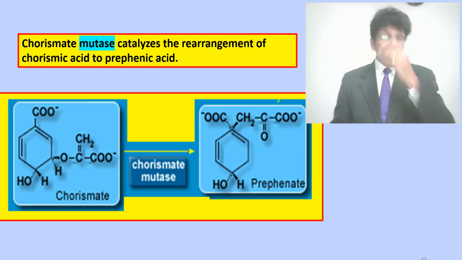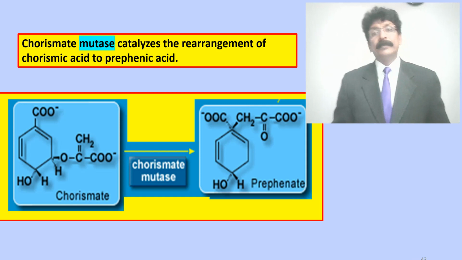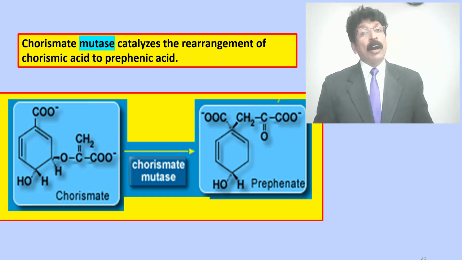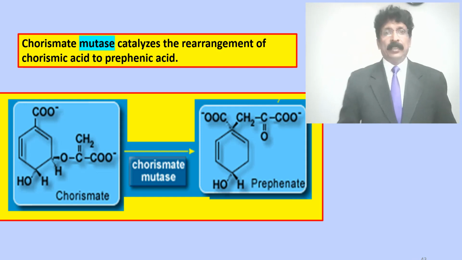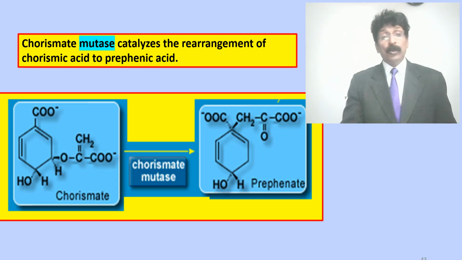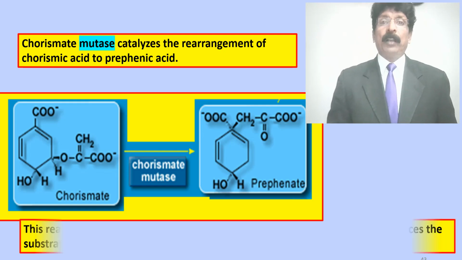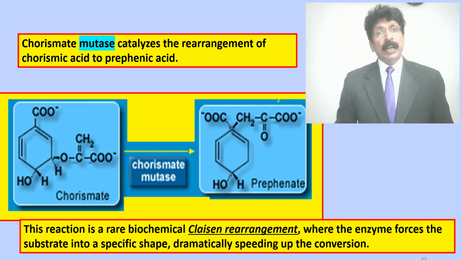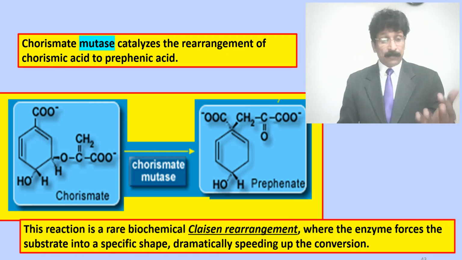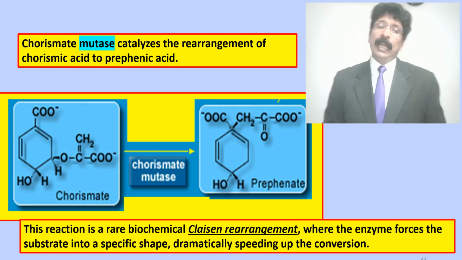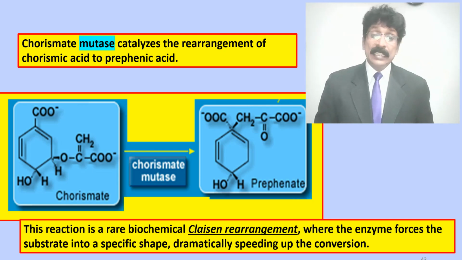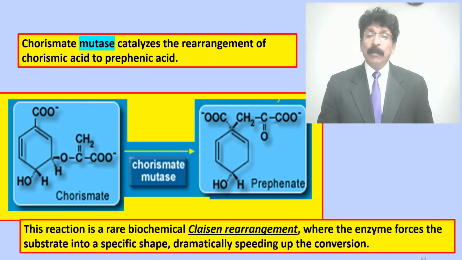So this structure is prephenate or prephenic acid converted from chorismate, an important step for the aromatic amino acids tryptophan, phenylalanine and tyrosine.